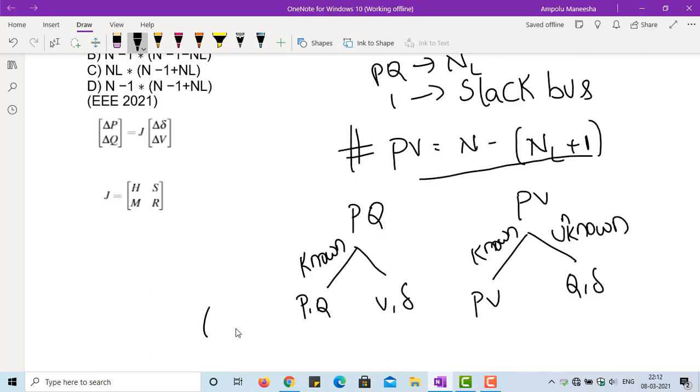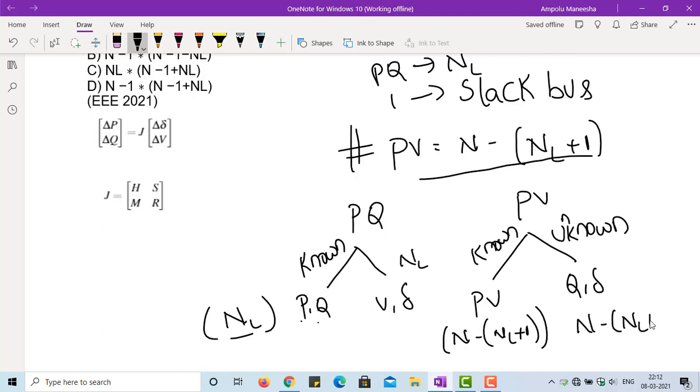So, number of known values are NL. Number of unknown values also NL. NL number of P and NL number of Q. Here, N minus NL plus 1 number of P and V's we know. N minus NL plus 1 unknowns of Q and delta we know.